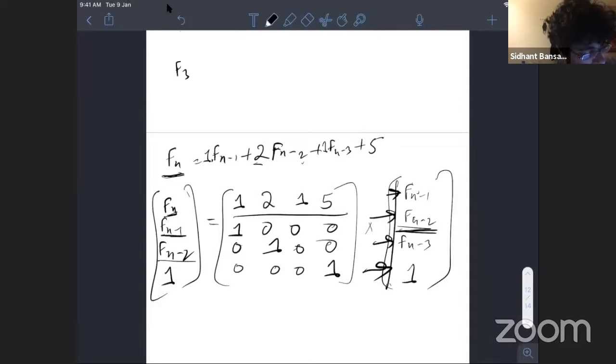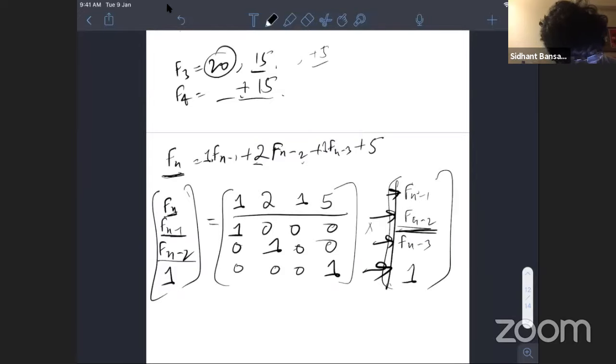Let's say F3 is going to be 20, but you will calculate it as 15 because you ignored the 5. So your calculation for F4 will also be messed up because instead of picking 20, you'll actually pick 15 inside. You miscalculate everything by a plus 5. You'll have this plus 5 error everywhere. So even these guys will have the plus 5 error, right? And so it will compound.